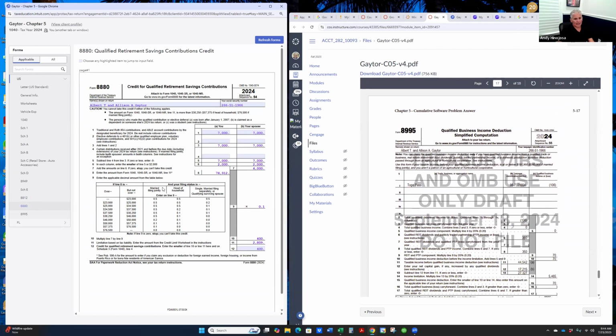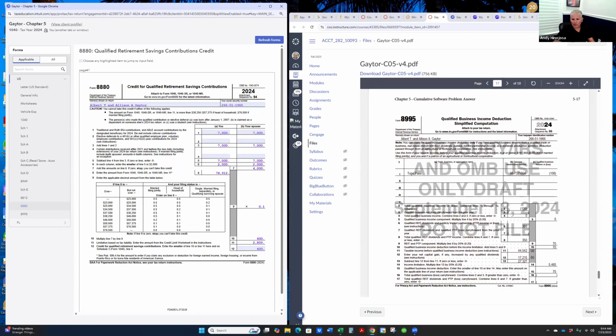After limitations, the total amount that's eligible is 4,000, and then you multiply it by 10% based upon the filing status. A little more complicated than you would expect, but there you go. So you let the form flow through, and it ended up with a $400 credit. So that's how we got the credits.